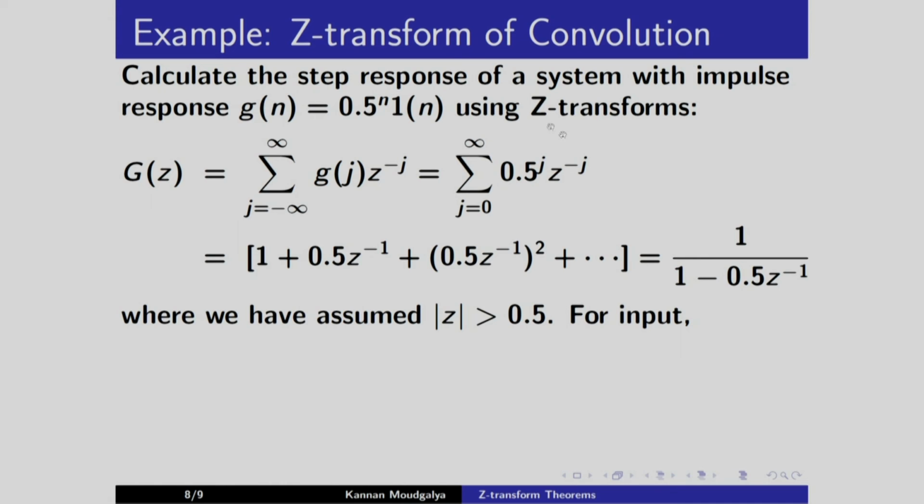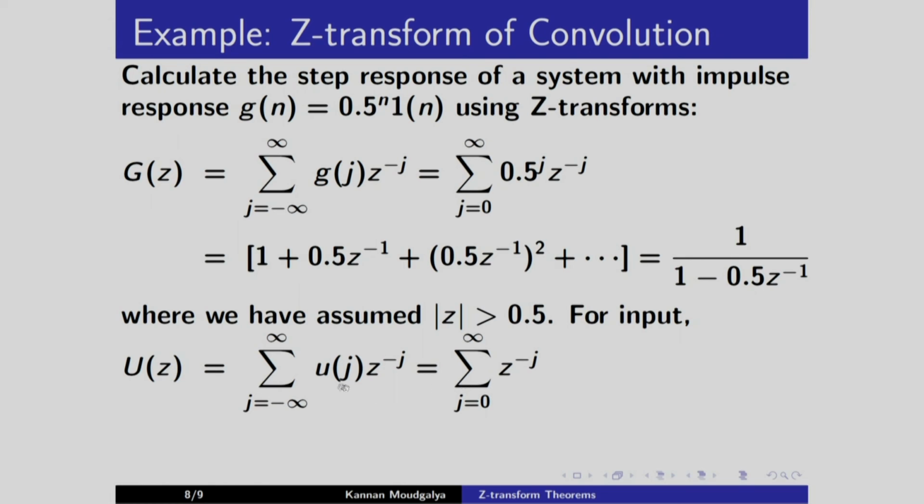What about input? Input in this case is a step. So let us evaluate this. Using this formula we will take our u to be the input. Let us take the Z transform. Now once again u of j is nothing but 1 of n or 1 of j. So it starts at j equals 0, goes up to infinity and we do not have to put 1.